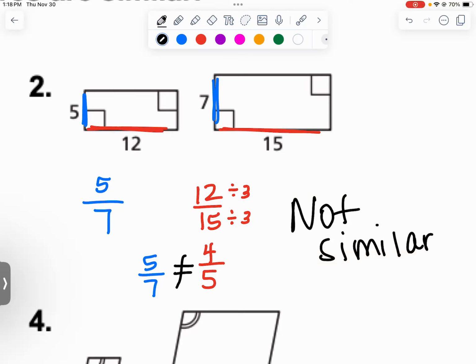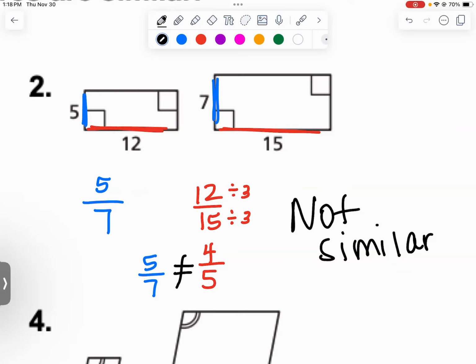However, okay. So, yes, in the basic sense, if the shapes are the same but different sizes, they're similar. However, these aren't the same rectangles because when you compare the width to its length, if I shrink this down, this is going to be wider than this one.